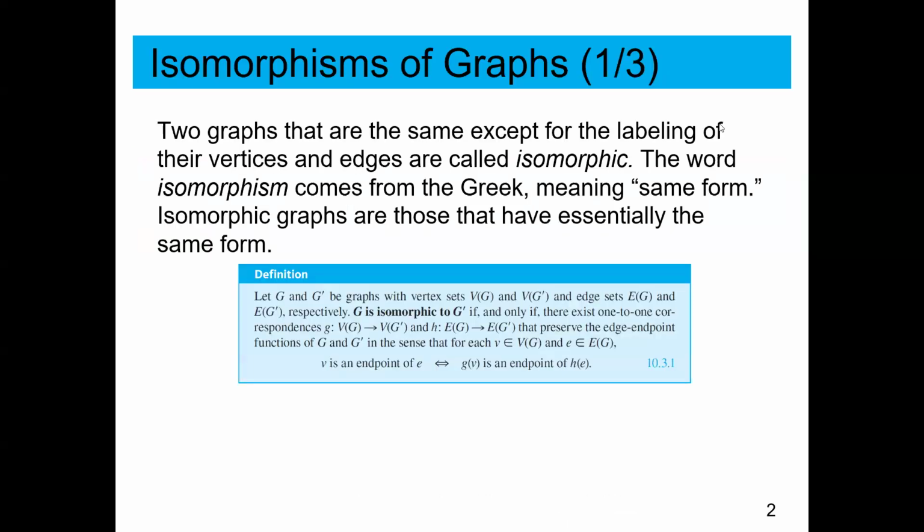So let's talk about what isomorphism in a graph is. Two graphs are isomorphic if they're the exact same graph except for the labeling of the vertices and edges. That means they're of the same form.